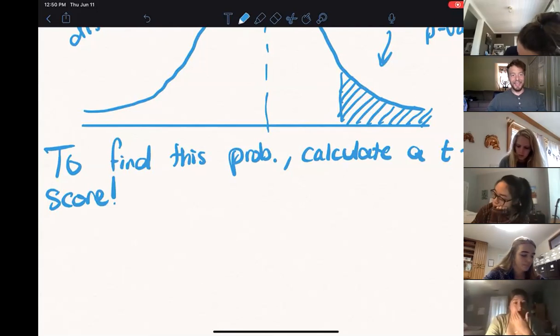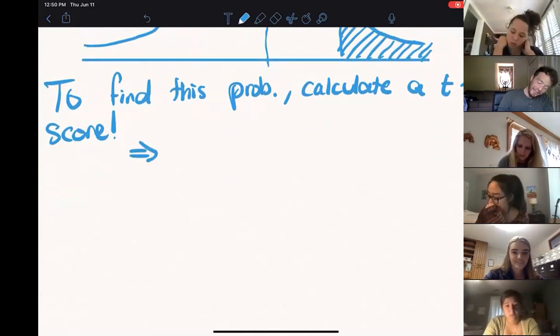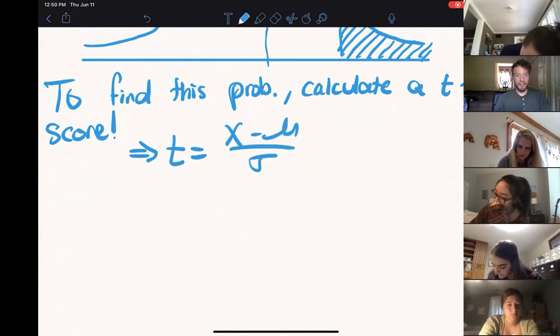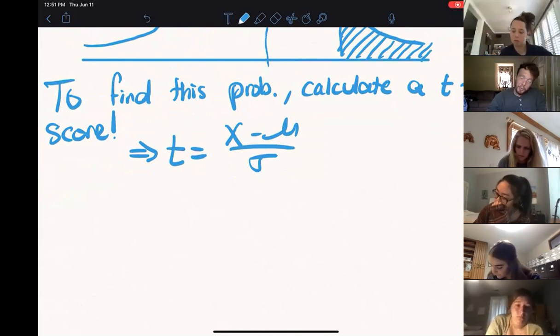The t-score is exactly like the z-score. It's hilariously like the z-score. It's technically saying the exact same thing, which is just t equals x minus mu over sigma, right? I literally just took out the z and put in a t. It's not anything new. The only thing new is that we're going to be plugging it into the t-distribution this time instead of the z distribution.